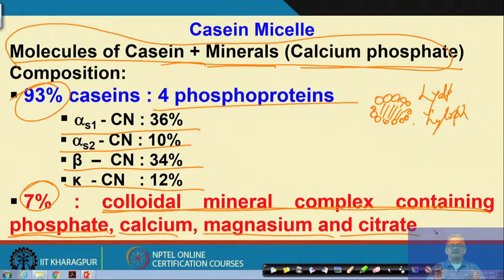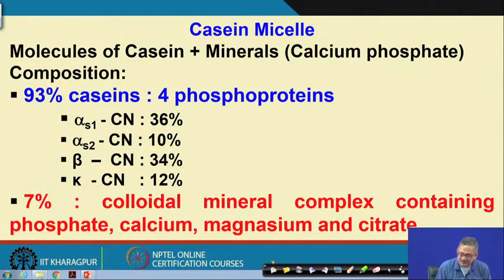The minerals, phosphate, calcium, magnesium, citrate, all put together form the casein micelle, right.